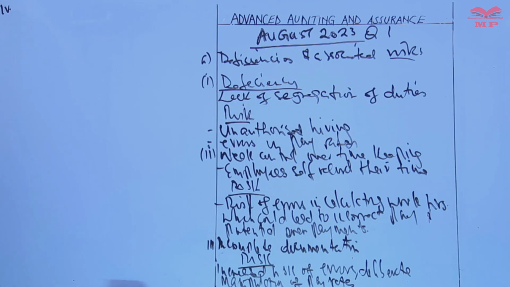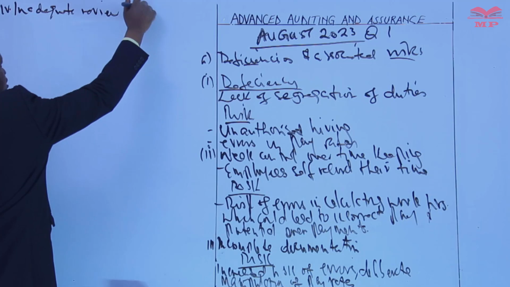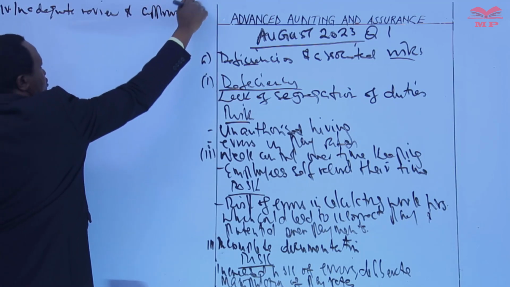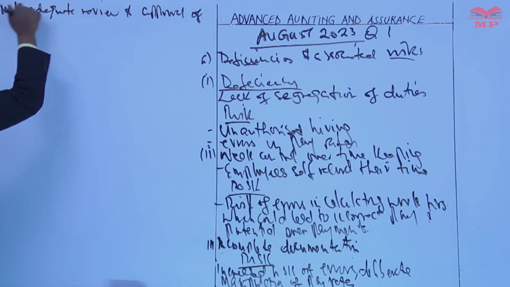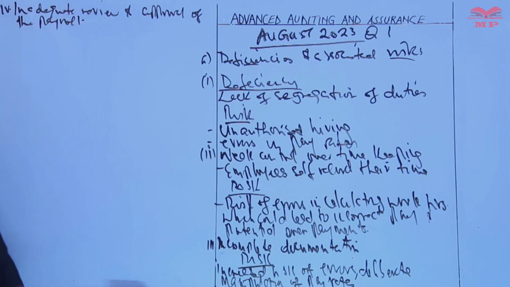So one of the controls should be in relation to review and approval of the payroll. Does that happen in this company? No. So that is a weakness. Inadequate review and approval. There is inadequate review and approval of the payroll. Nowhere do we read that there is an employee who approves.